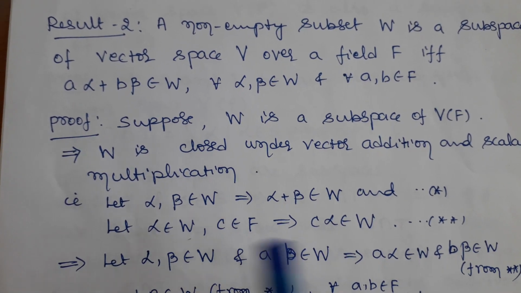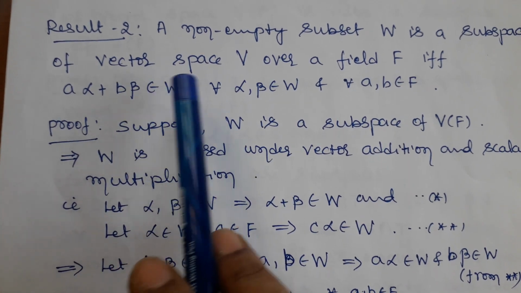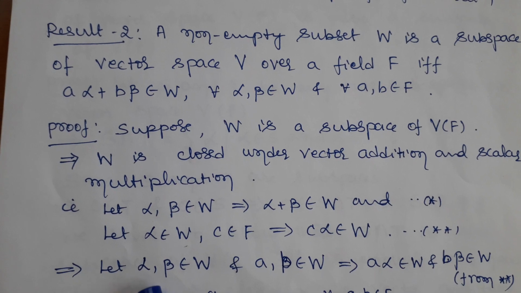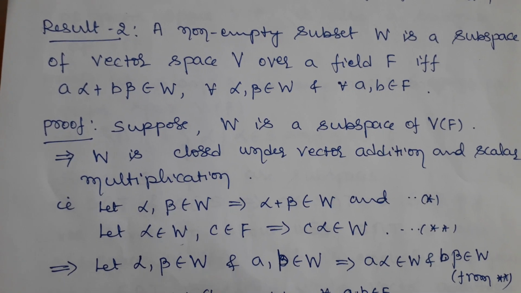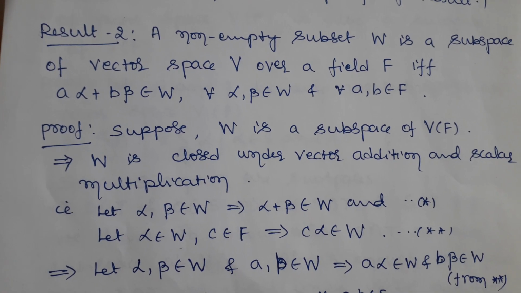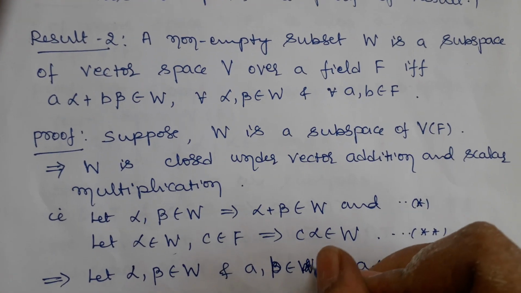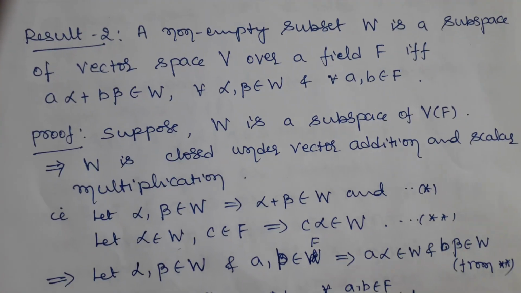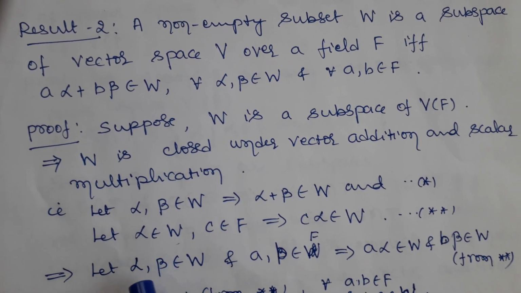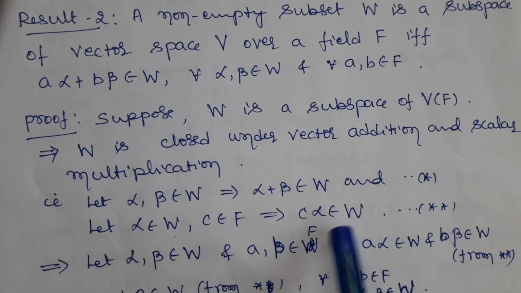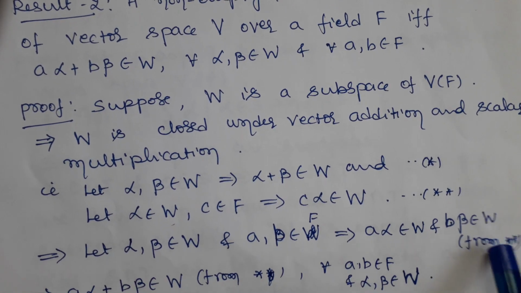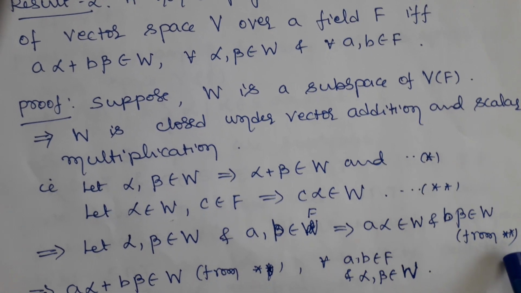Now, I want to prove a alpha plus b beta belongs to W. Therefore, I am going to choose alpha, beta belongs to W, and a and b belong to F. Then from scalar multiplication, a alpha belongs to W and b beta belongs to W, from double star.